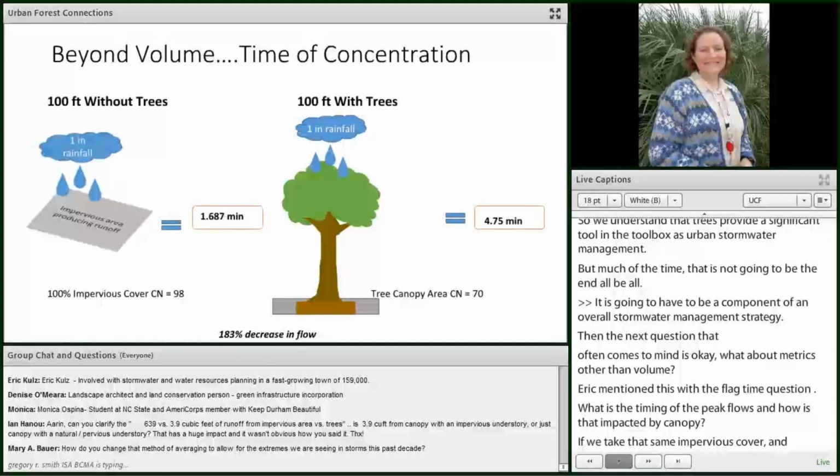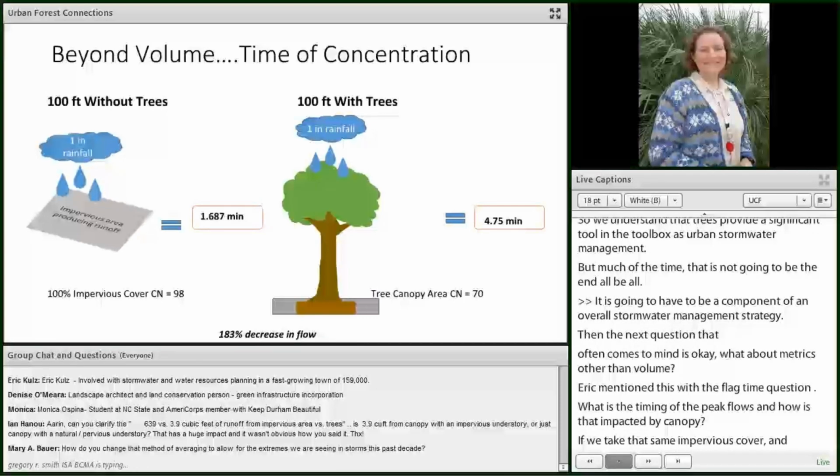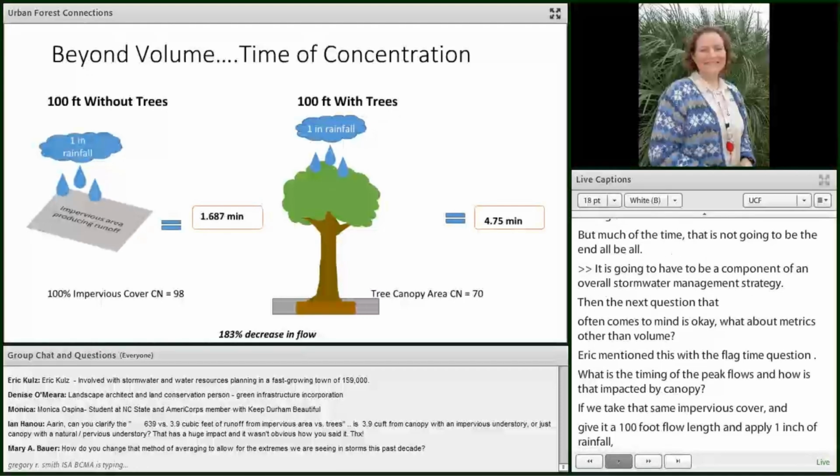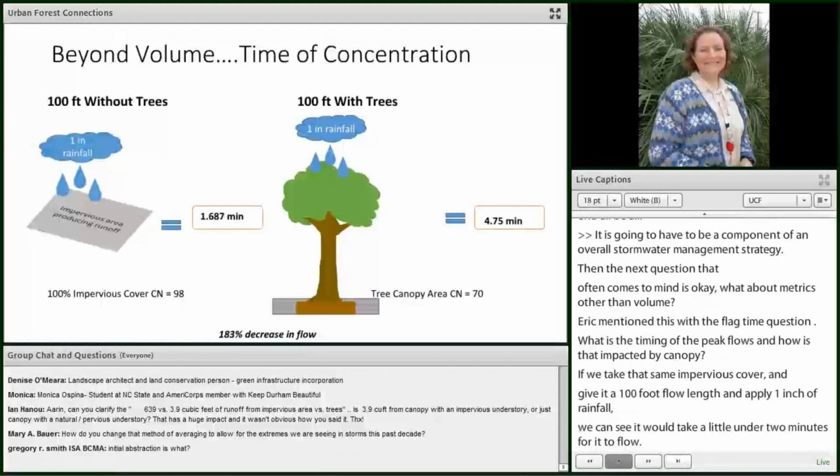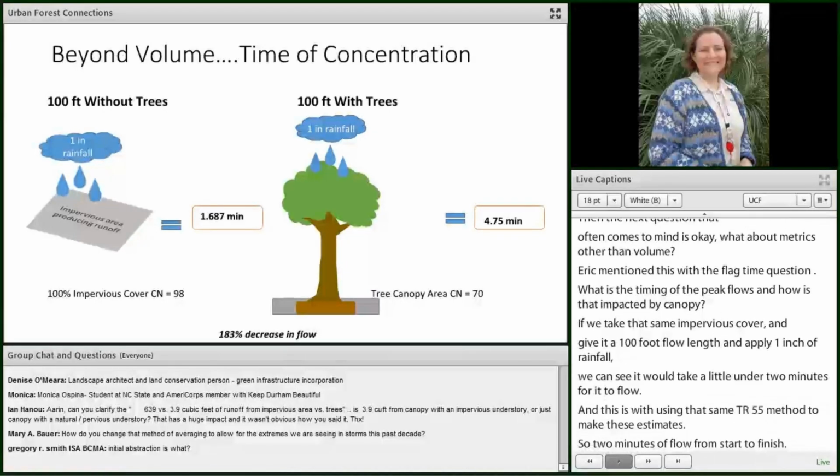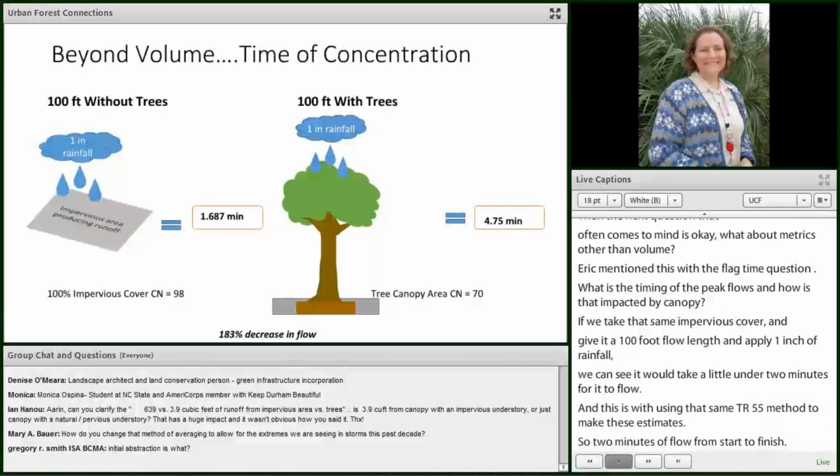And this is with using that same TR55 method to make these estimates. So 2 minutes of flow from start to finish. If you were to take that same 100-foot length and add in tree canopy, it would take just under 5 minutes for it to flow start to finish.